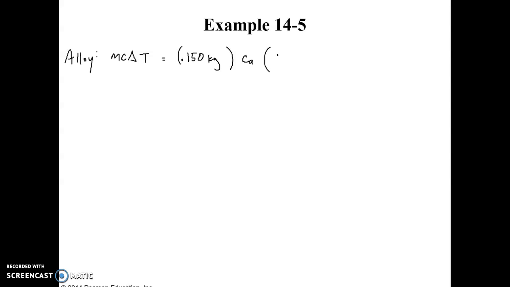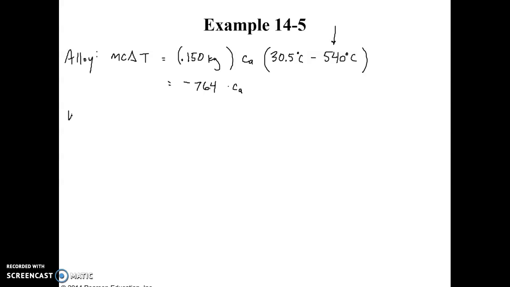And its delta T is ending at the equilibrium temperature of 30.5 degrees Celsius, but it started at 540 degrees Celsius. So its temperature went down from a high of 540 all the way down to 30.5. And so if we simplify this expression, we get a negative 76.4 times the Ca, times its specific heat.